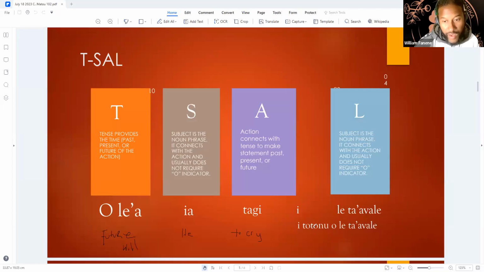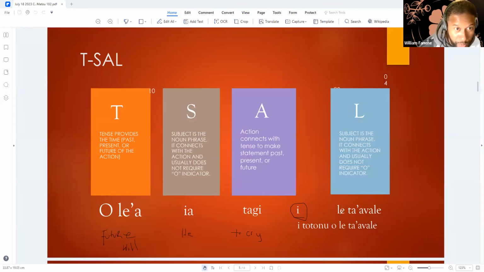Then e, le ta'avale. This is the location. We're introducing our location with our preposition e. That tells us where it's going to happen. So he, tangi, to cry, and when is it going to happen? In the future, will. So he will cry in the car.